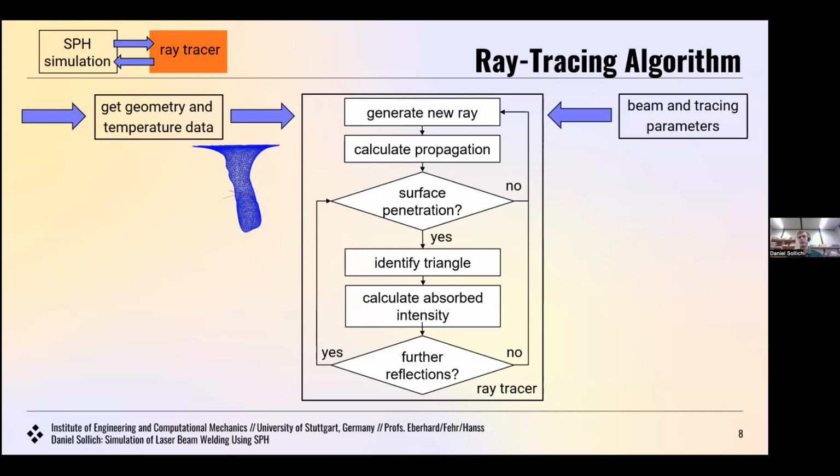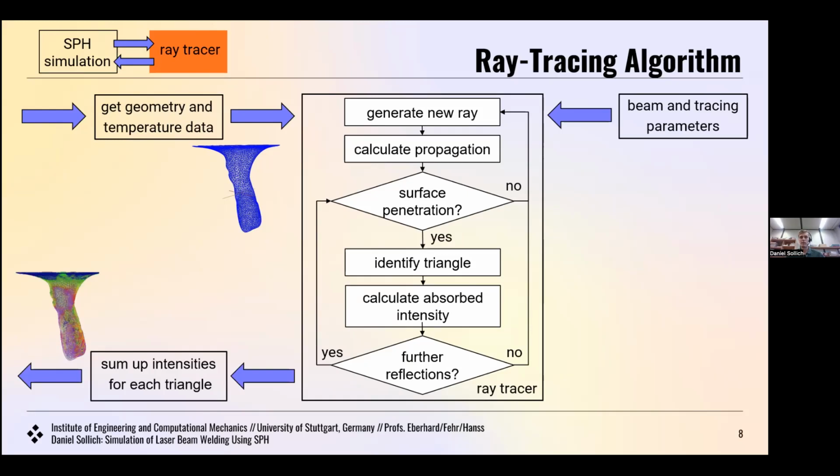And for each ray, we calculate its propagation. Then we check if the ray is penetrating the surface. If yes, we identify a triangle and calculate the absorbed intensity on the triangle. Then we repeat this procedure for every reflection and for each ray. And when we have done this, we can sum up all the intensities of each triangle and send this information back to our SPH simulation.